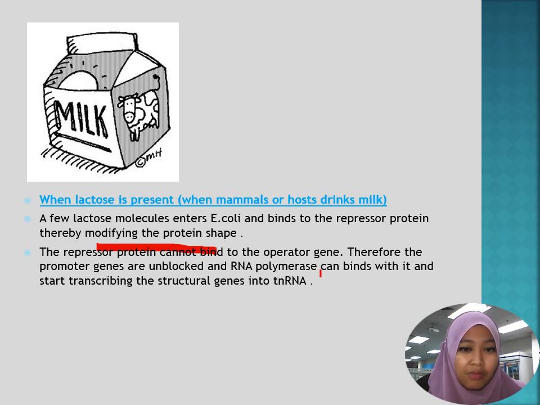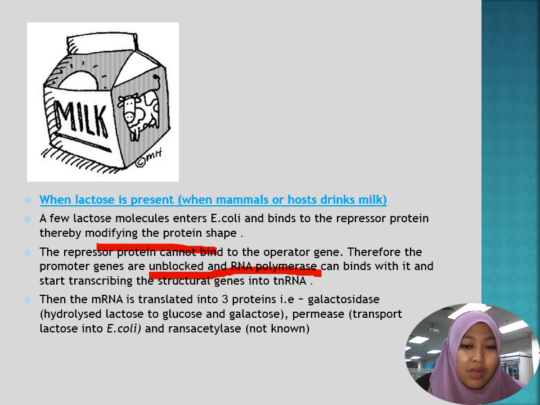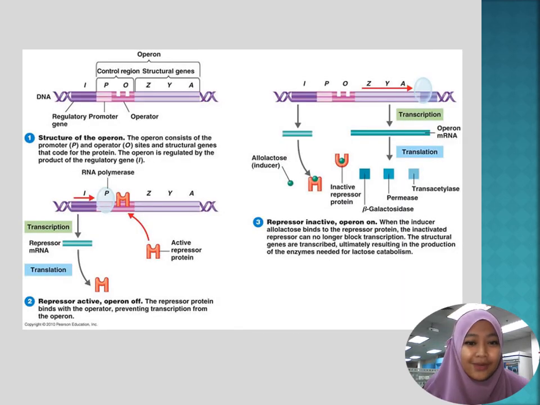Therefore, RNA polymerase will be unblocked and is free to run to the three structural genes that I mentioned earlier, which are Z, Y, and A. When it runs through, they will do the process of transcription and translation to produce these three enzymes: basically beta-galactosidase, permease, and also transacetylase. This is the lac operon that I showed you.